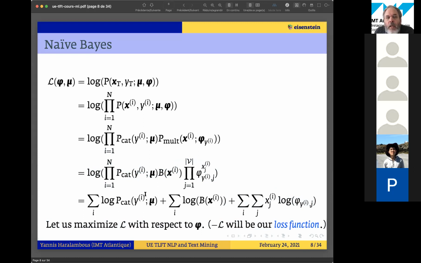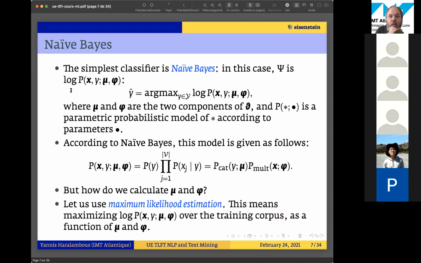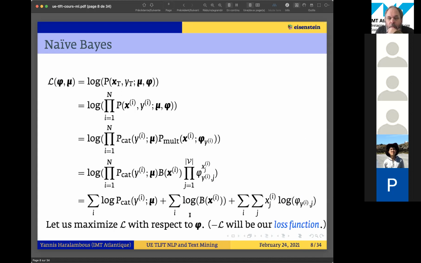And here the first product becomes a sum, the second product becomes a sum, and I have the log of phi to the power x, so it's x times log of phi. And this is the result. This is a way of representing my likelihood.